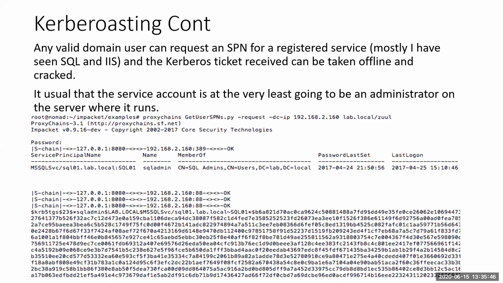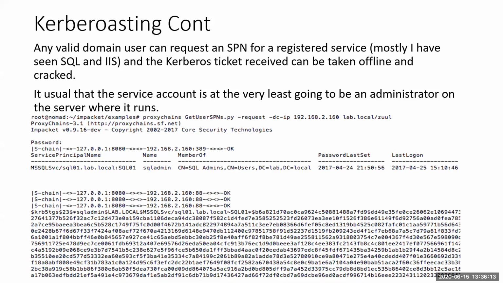So the problem is that any valid domain user can request a service principal name for a registered service. Mostly in our testing, it's for people that are doing it for SQL and IIS, and then the service ticket can be taken offline and cracked.